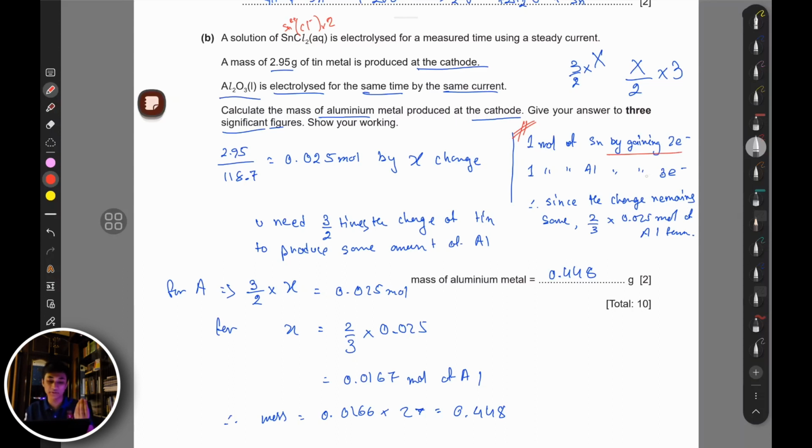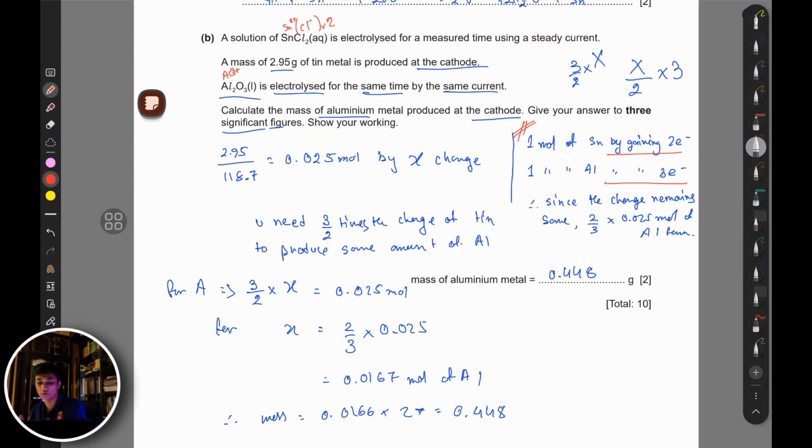Now in case of aluminum, where you have Al3+, forget about oxygen, you need Al3+ to convert into aluminum solid. In that case, the aluminum ion is going to gain 3 electrons. Fair enough. So now you know, for 1 mole of tin being produced, you need 2 electrons. However, for 1 mole of aluminum being produced, you need 3 electrons.